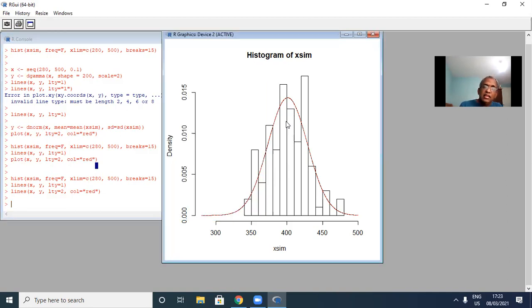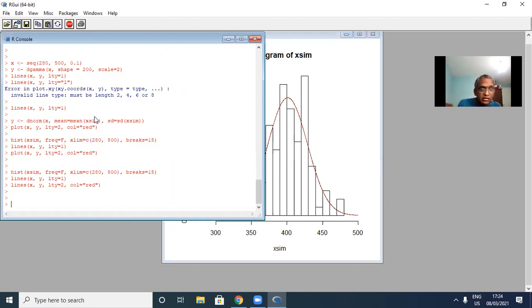And they happen to be almost equal for this particular data set, but it may not be the same for every data set. I will show you in a minute.